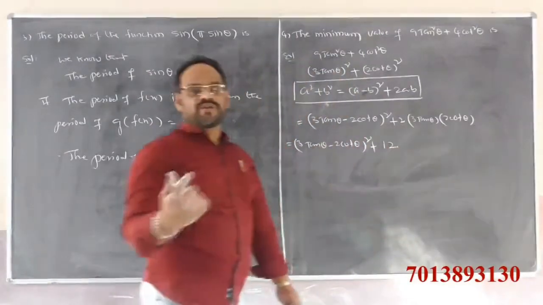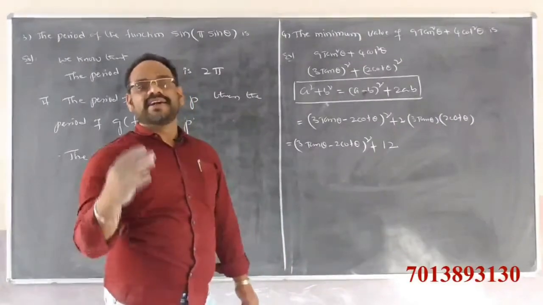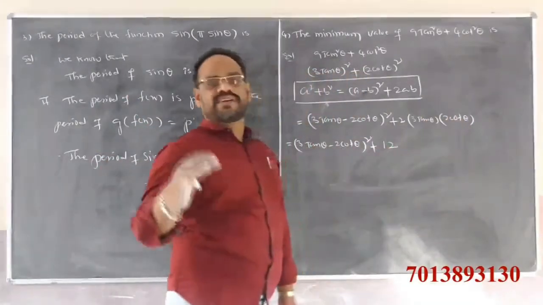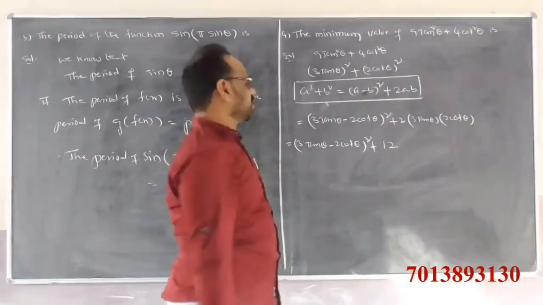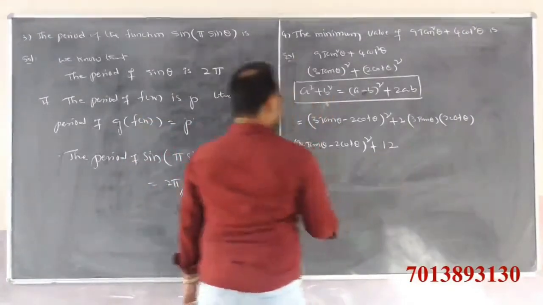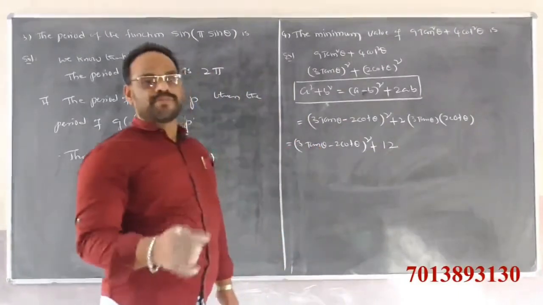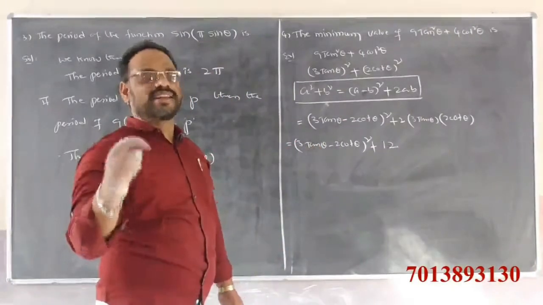Cot theta can be written as 1 by tan, tan gets cancelled, we get 1. So clearly the minimum value of tan theta minus cot theta, the squared term, is 0.